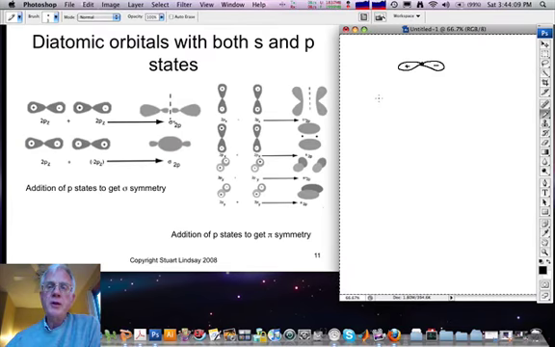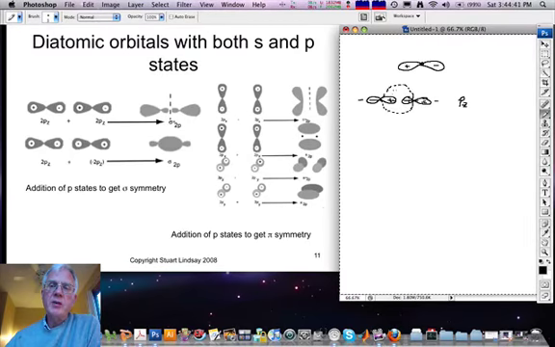So when we bring two atoms together with p orbitals, there are a number of ways we can do this. Let's consider first bringing p orbitals together head to head, and we can see that there are two possible ways that we can do this. We can bring them head to head, and let's just arbitrarily call this the pz orbitals, so that the probability amplitudes have the same sign at the point where the atoms interact.